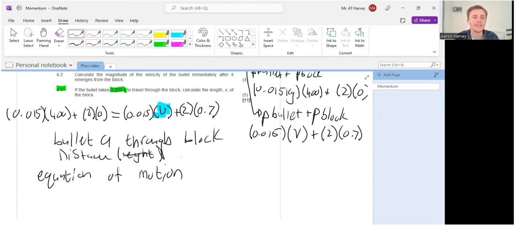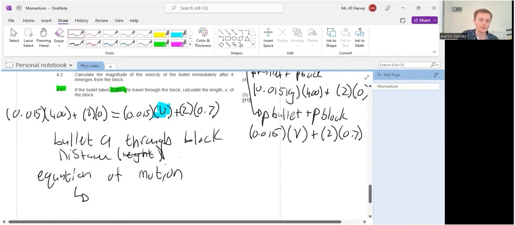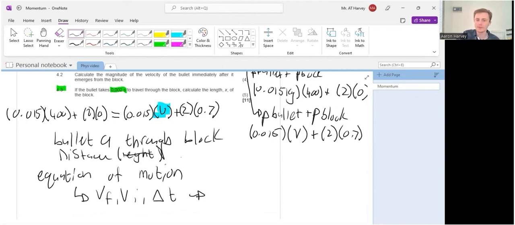Now, I'm not going to go into detail. As I said, I would only discuss momentum in this video, but you should be able to, with your equations of motion, use your final velocity of your bullet, your initial velocity of your bullet, and the time it takes to go through the block to give you the acceleration of your bullet.